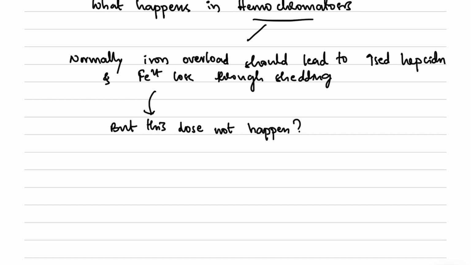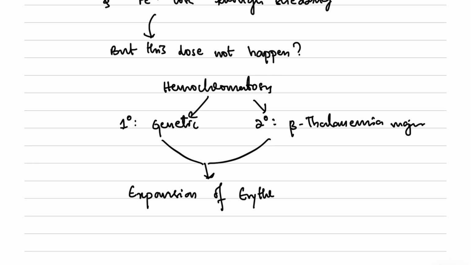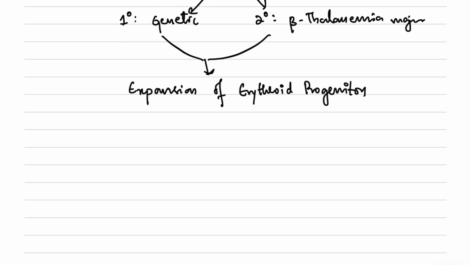Now you will ask me why. Let's look at hemochromatosis. Either it can be a primary genetic cause, or it could be secondary, such as beta thalassemia major. In both of these conditions, it actually leads to expansion of erythroid progenitors.